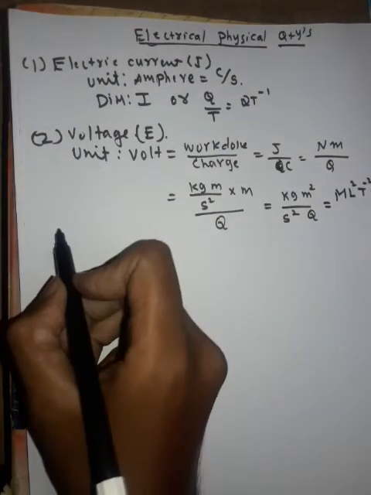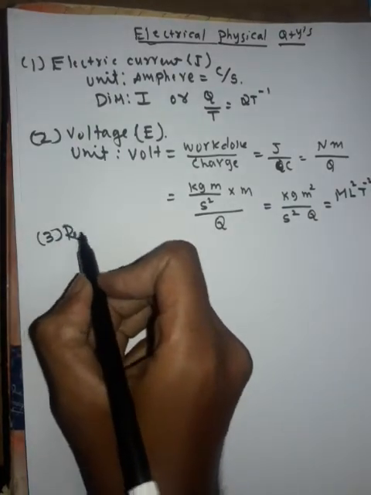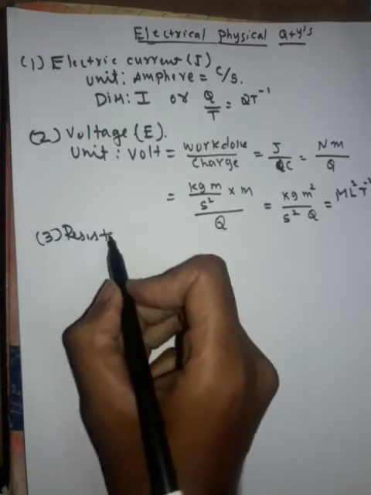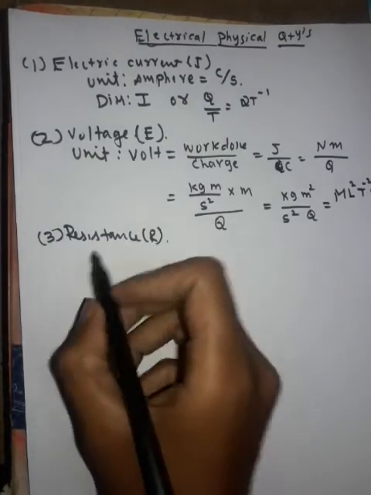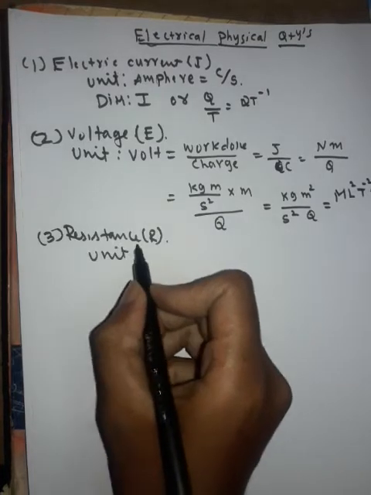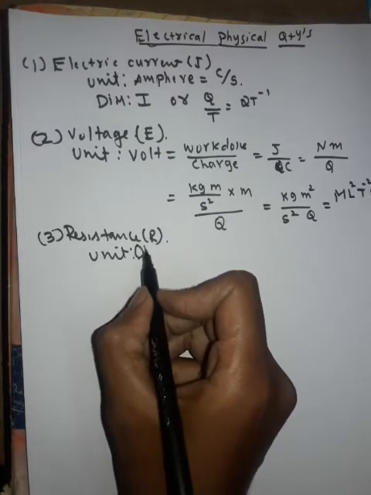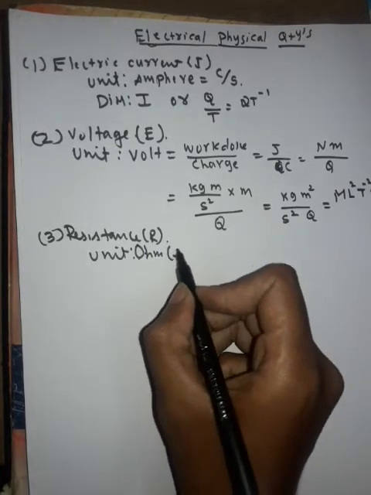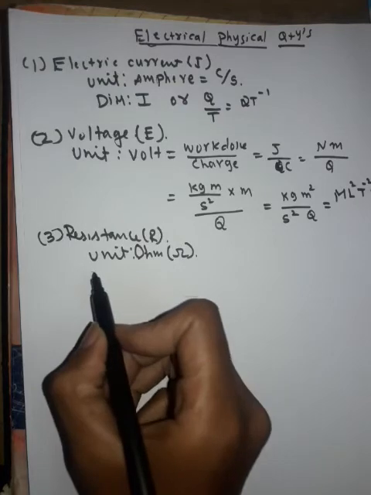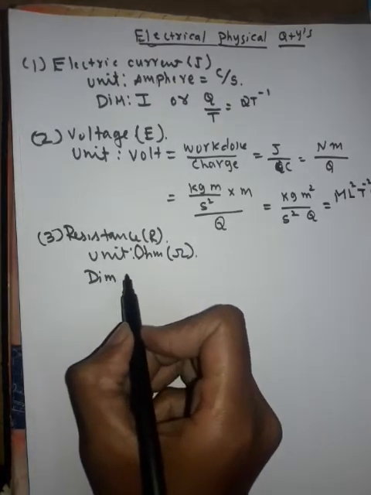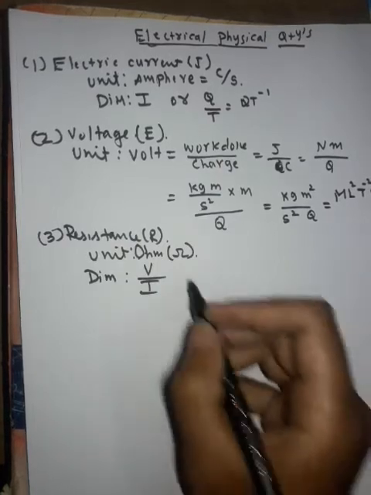Now the next physical quantity is resistance, which is denoted by R. Its unit is ohm, that is shown by the symbol, and the dimension is voltage by current.